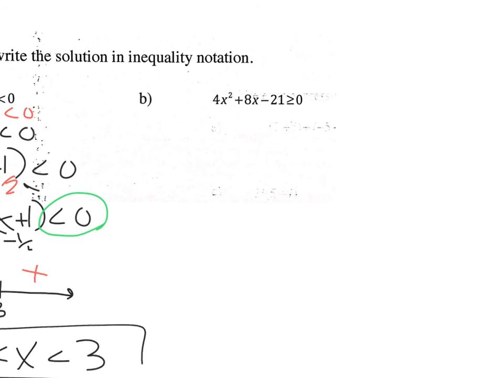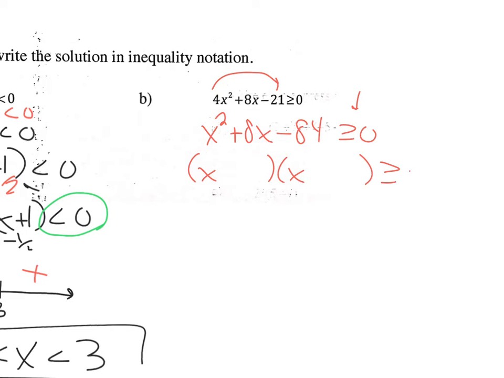Probably need one more of those. I'm going to do the same thing, factor this one. So I'm going to slide the 4, make it x squared plus 8x minus 84 greater than or equal to 0. So I'm looking for positive. Factor that. I have x and x. So I need factors of 84 that are going to give me 8, which I'm pretty sure is 14 and 6. So I'm going to go plus 14, minus 6.